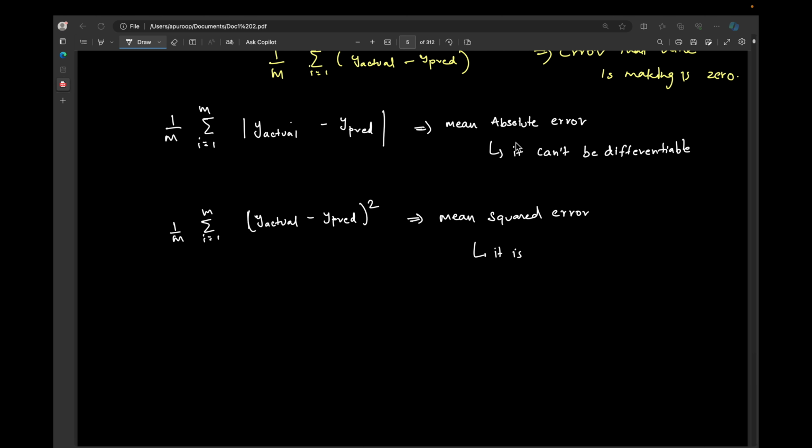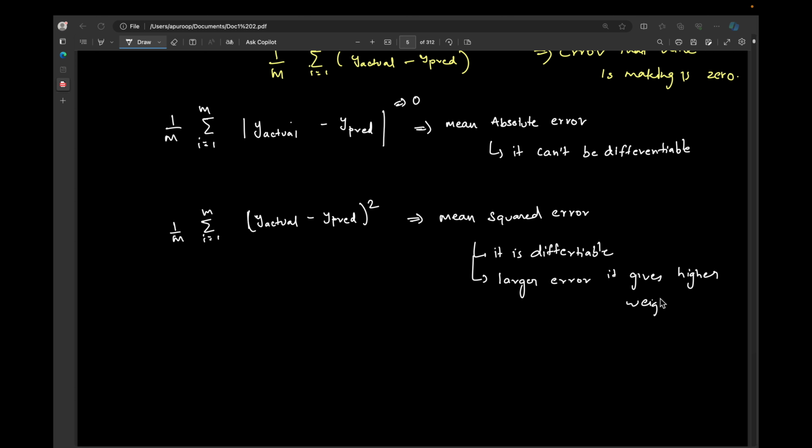But as this is not differentiable, we are facing the issue, but this can be handled somehow because it is not differentiable only at one point, and that is at 0. Mod value is not differentiable only at 0, so we can handle it somehow. But the extra advantage mean squared error has, apart from being differentiable, is for larger errors. For larger errors, it gives higher weightage.